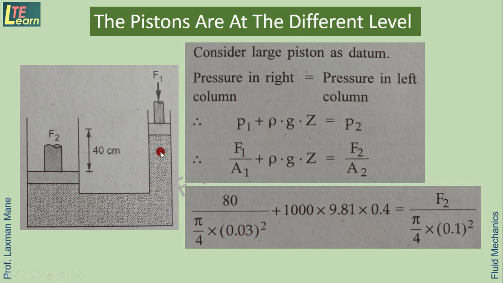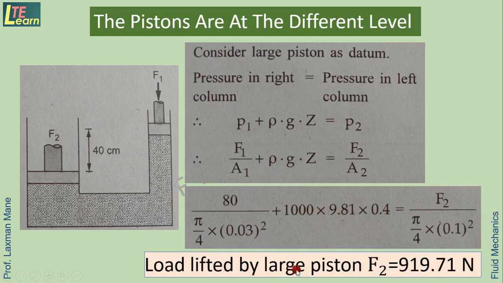Here the liquid in this jack is water, so density of water is 1000, value of g is 9.81, and z, the height difference of 40 centimeter, in meter is 0.4, is equal to F2, which we have to calculate, divided by pi by 4 into the diameter of the larger piston, 10 centimeter, so in meter 0.1. Putting all the values and doing the calculation, we find the value of F2, the load lifted by the large piston, in Newton.